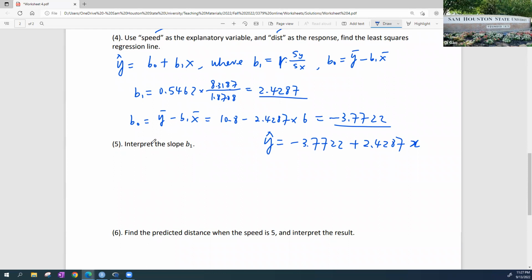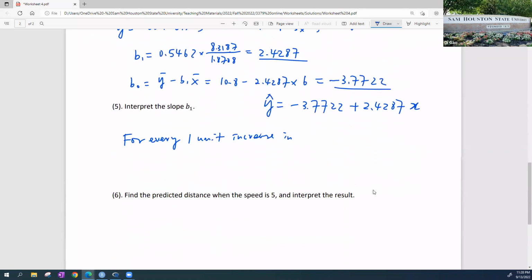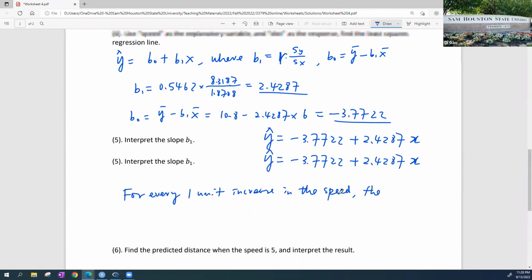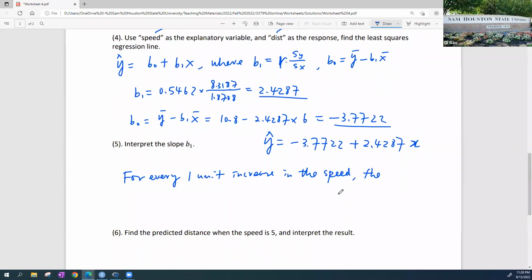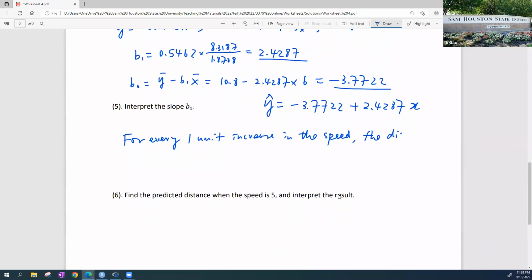And we want to interpret the slope b1. So we're going to say for every 1 unit increase in x, so x is the speed, in the speed, the distance, right? The y, the distance.